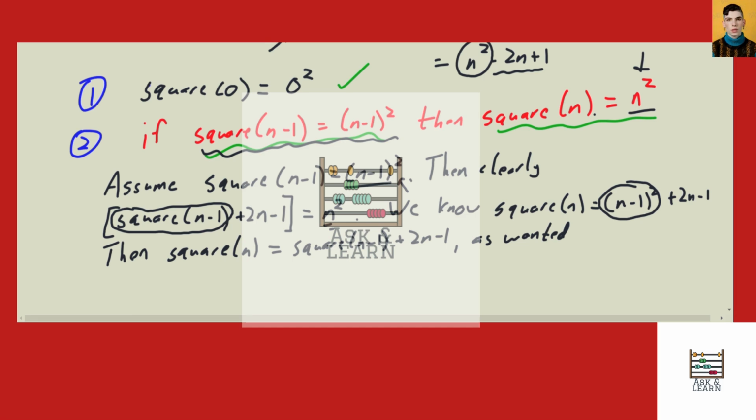And then maybe I should add also equals n squared from this equality here. So that is the end of the proof.